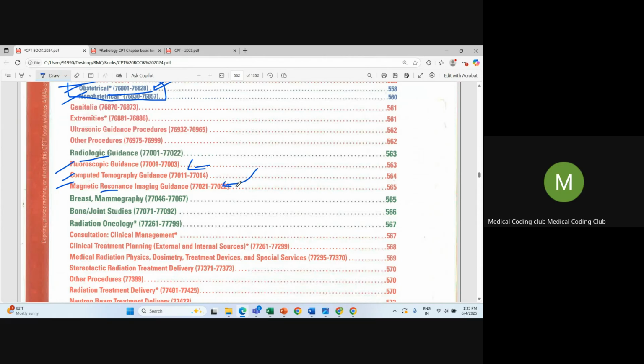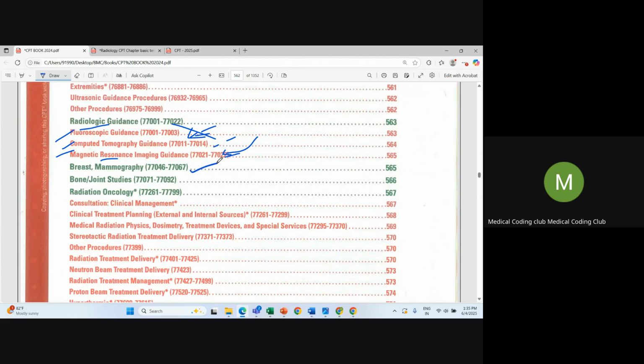Whenever you are coding for a guided procedure, make sure whether the primary procedure includes guidance in it or not. If guidance is already included, you don't have to code this radiology code separately. But if the surgical procedure does not include guidance, then we have to code the guidance additionally, following the parenthetical note, whichever guidance they use, you can code it.